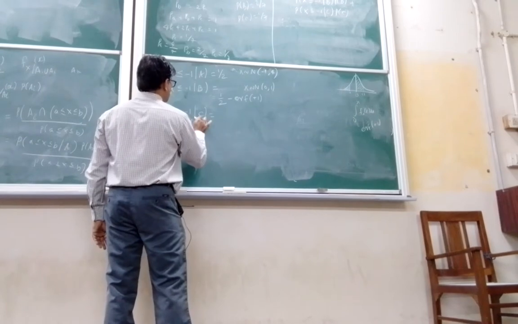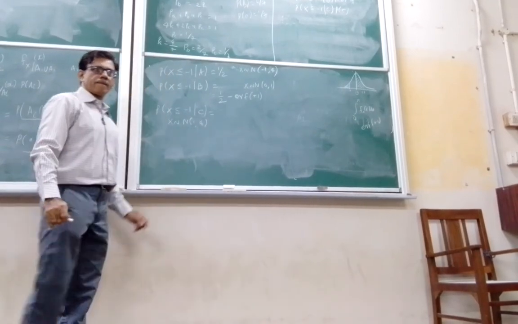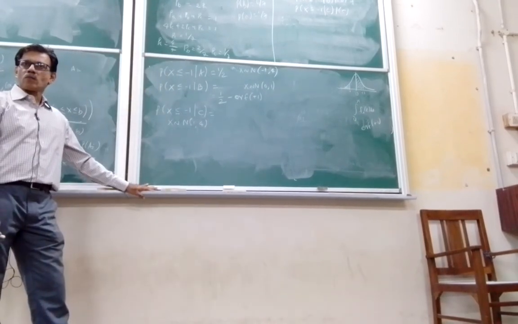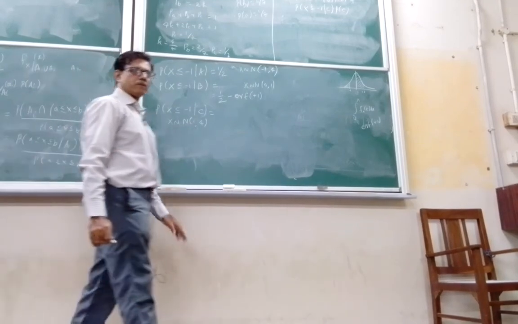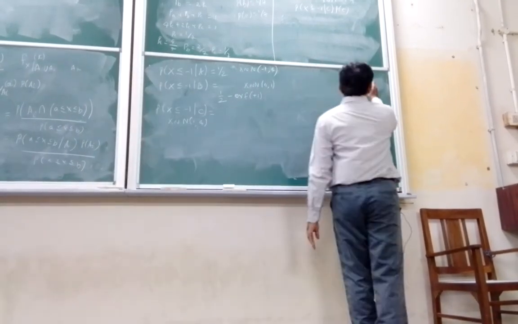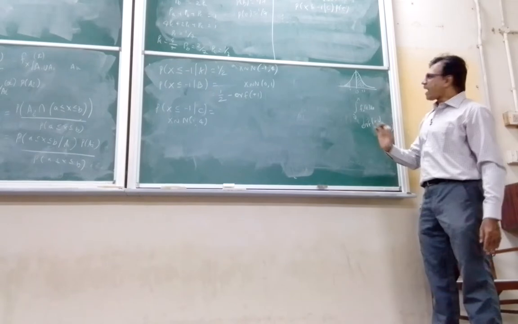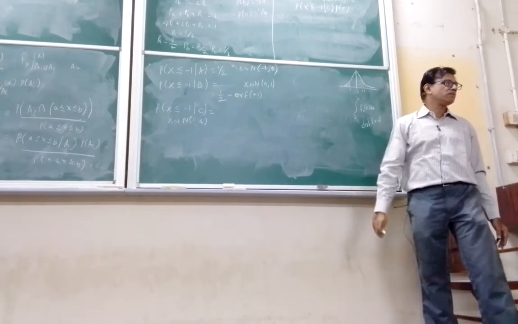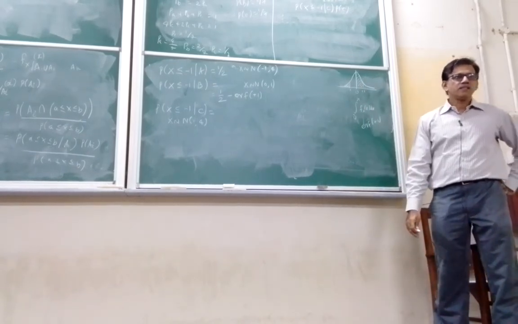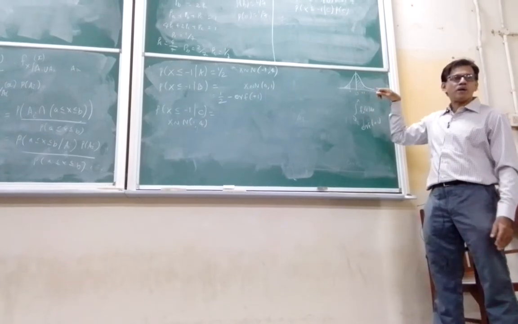What is now x? N(1, 4). Then how do we find it? N(1, 4). Can we say error function of 1? Because 1 is what I am talking about.